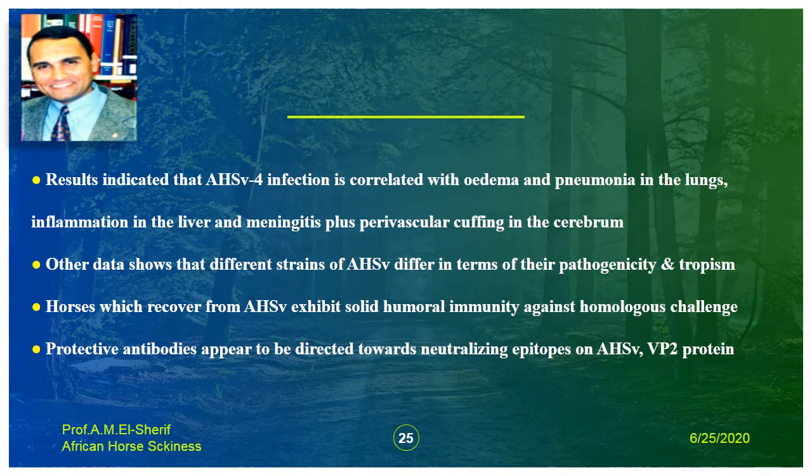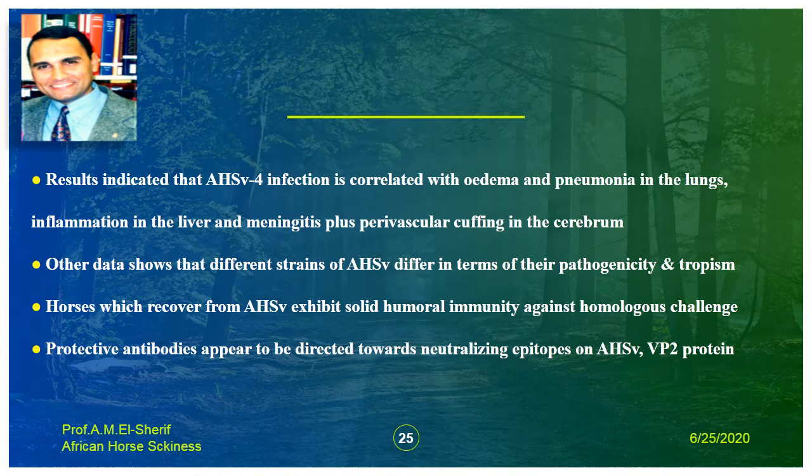Results indicated that African horse sickness virus serotype 4 infection is correlated with edema and pneumonia in the lungs, inflammation in the liver, and meningitis, plus perivascular cuffing in the cerebrum. Other data shows that different strains of African horse sickness virus differ in terms of their pathogenicity and tropism.